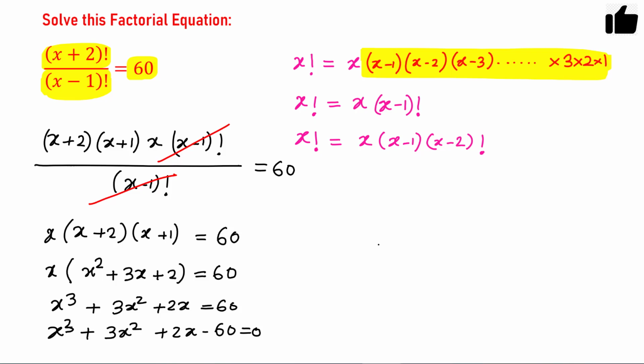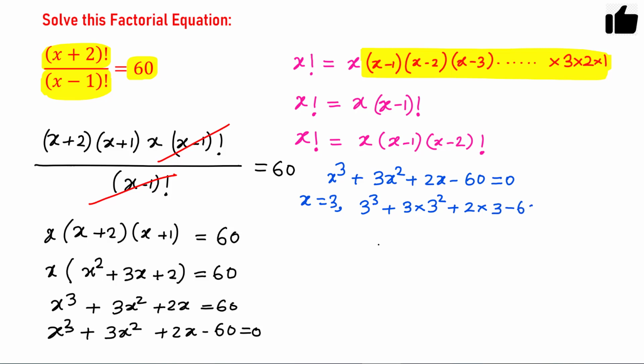Now generally for a cubic equation, one root you have to find using inspection. So let us say you have this equation, x cube plus 3x square plus 2x minus 60 equals 0. Let us check x equals 3. So this becomes 3 cube, and this is 3 times 3 square plus 2 times 3 minus 60.